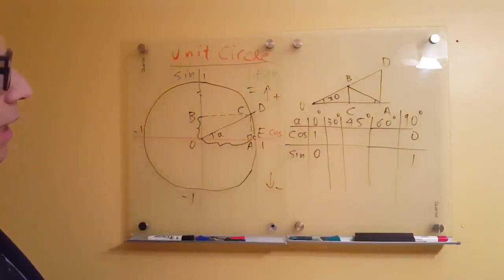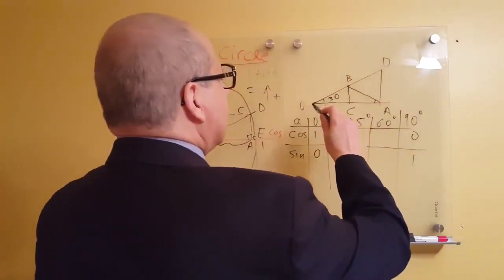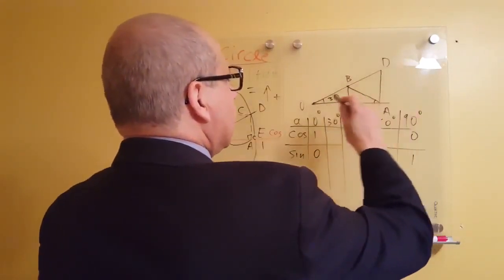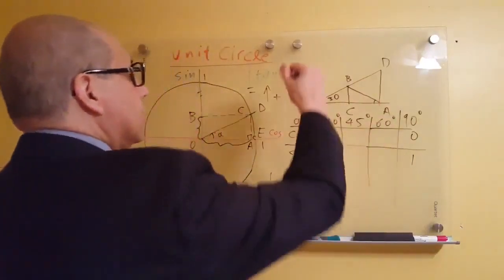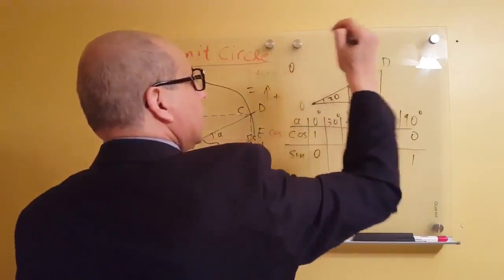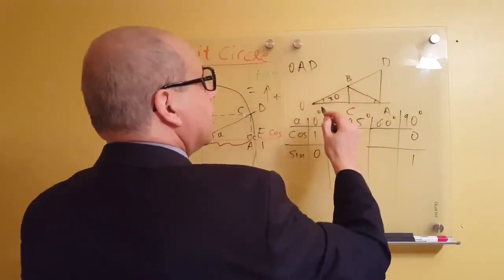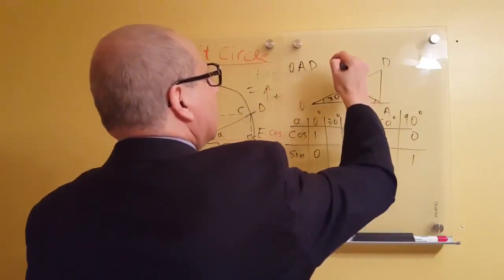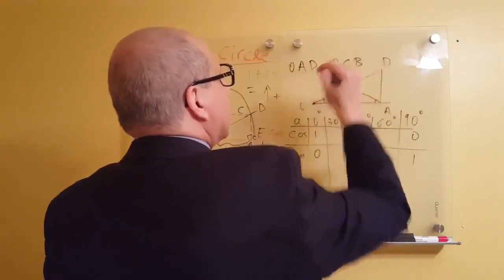Now if I look again at these two triangles, let's write them here, OAD and OCB.